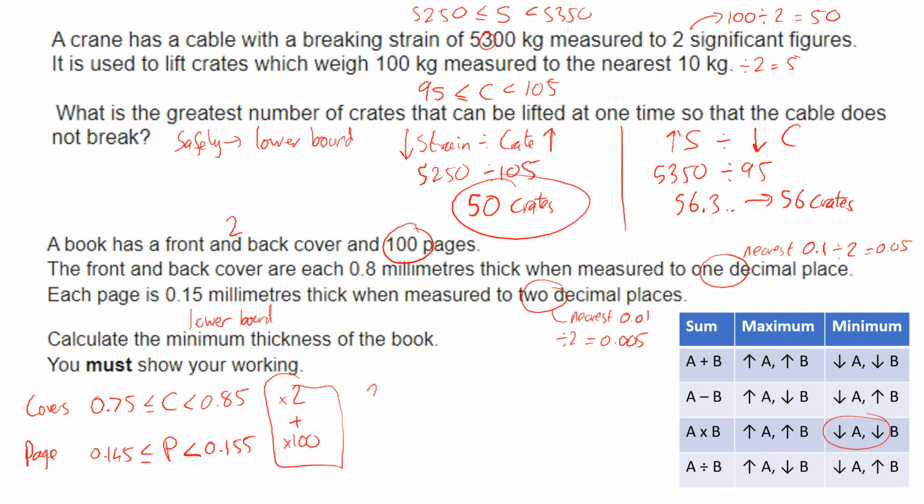So we're going to do 2 times 0.75, 2 times our lower bound for the covers, 100 times 0.145, and we're going to add those together. That would give us 1.5 there, and that would give us 14.5 here. Put them all together and we're going to get ourselves to 16 millimeters as the minimum thickness of that book. There you go, bounds.